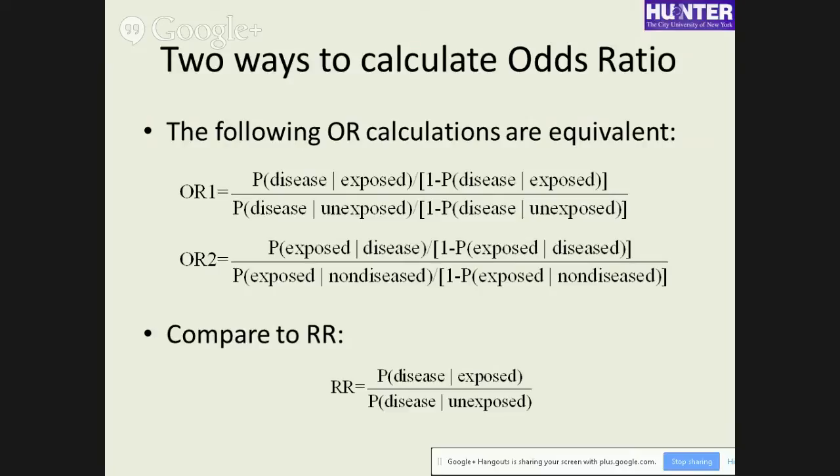Well, in a case control study, we're controlling the proportions of disease and non-disease in a way that we will know the probability of exposure for the diseased group and for the non-diseased group. The probability of disease given exposure, we will not know.